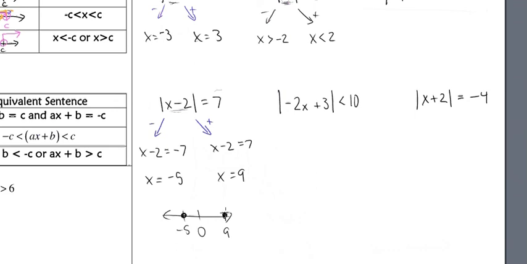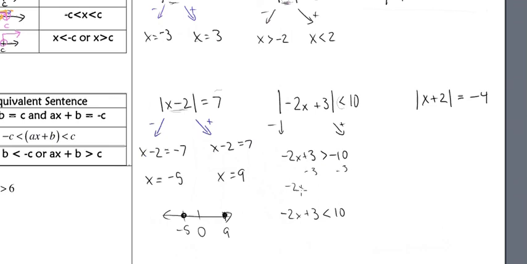All right. Same deal here with the inequalities. It either can be a positive value or a negative value. If it's negative, then negative 2x plus 3 is going to be greater than, that inequality's got to switch, greater than negative 10. And if it's positive, I'm going to write it down here below, then negative 2x plus 3 will be less than 10. For both of them, subtract 3 from both sides.